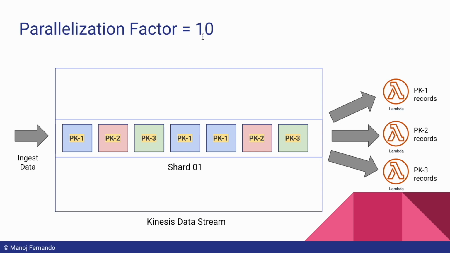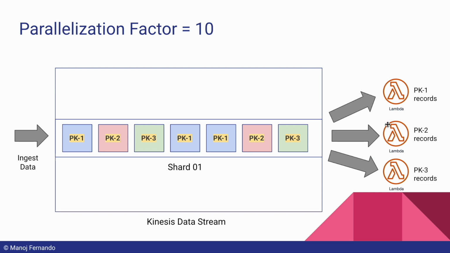Because we set the parallelization factor to 10, it can go up to 10, but it will spin up 3 Lambda functions in parallel, and all the records belonging to PK1 will be processed by this particular Lambda. The records belonging to PK2, this Lambda, and records belonging to PK3, the last Lambda.